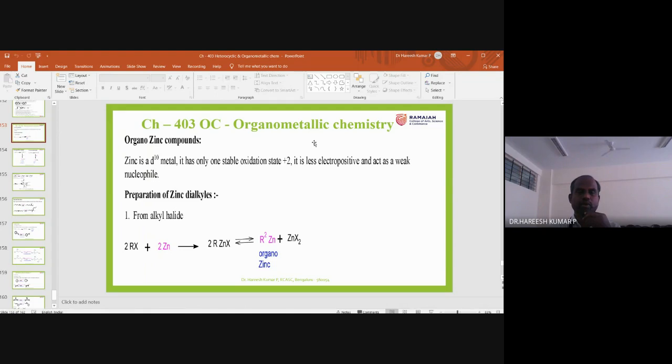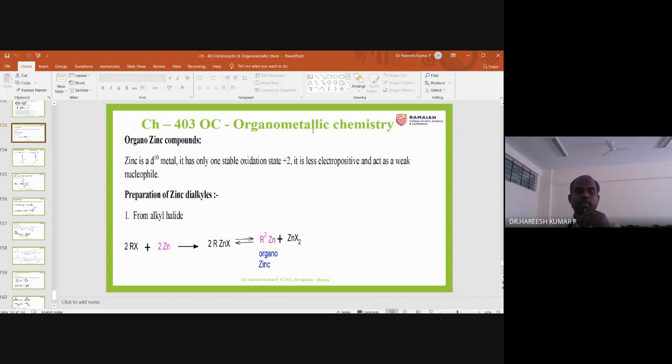So this is about unit 403, more particularly organometallic chemistry. And you know that organo means carbon containing. So metallic means this carbon will have a bond with the metallic elements. The metal may be zinc or mercury or aluminum or lithium or potassium or sodium or selenium.